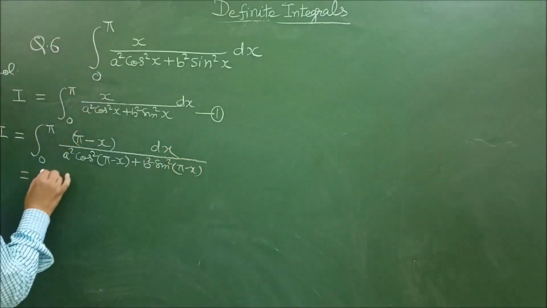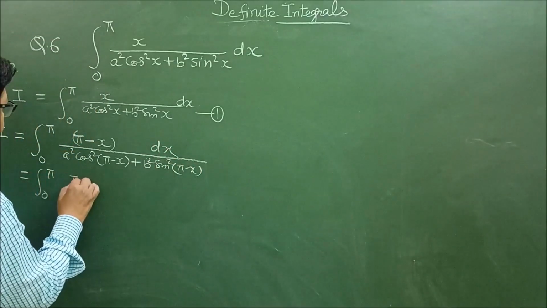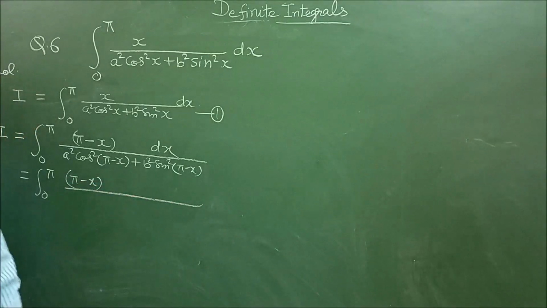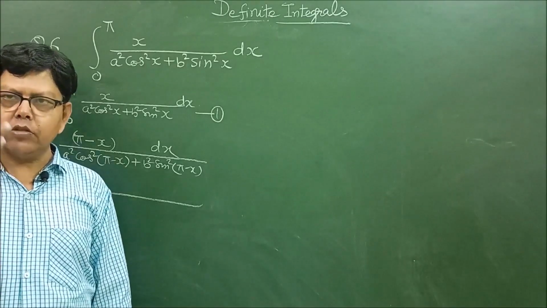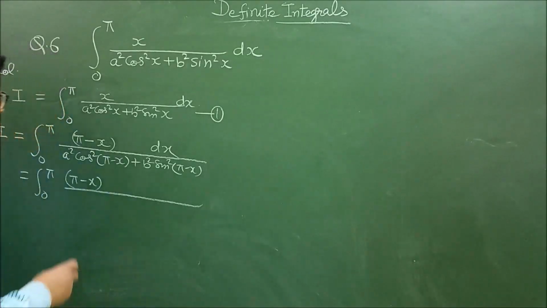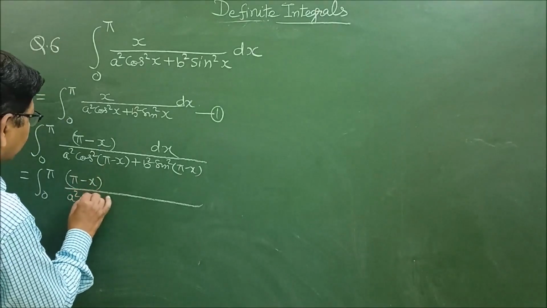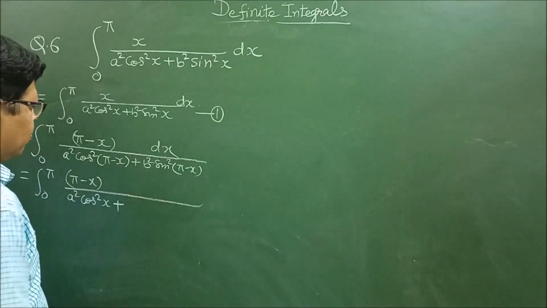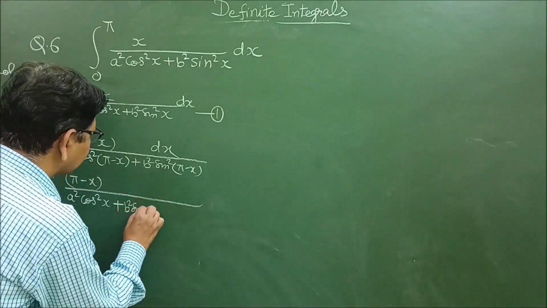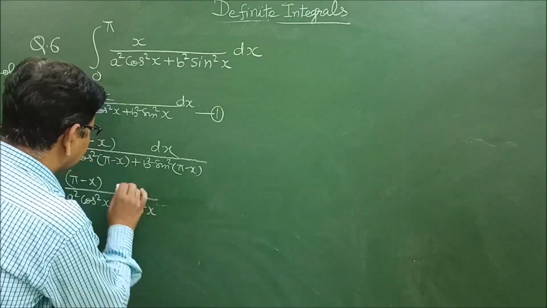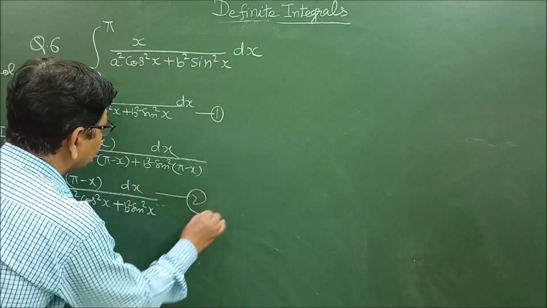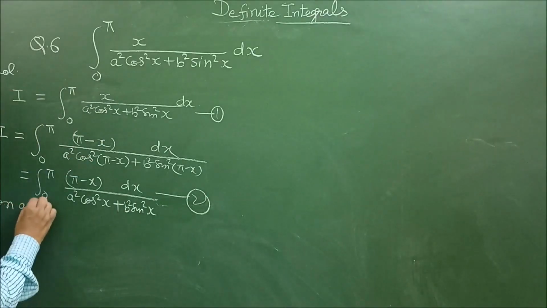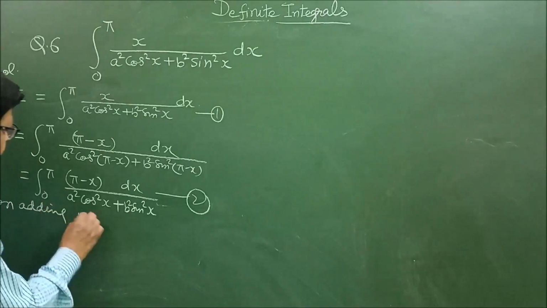Now cos(pi minus x), that is cos 180 minus x, is equal to minus cos x, but the square sign is there, so it is equal to positive cos square x. Again sin(180 minus x) is equal to sin x, so we can write b square sin square x dx. This is number 2.